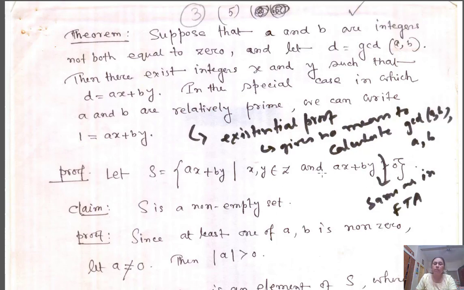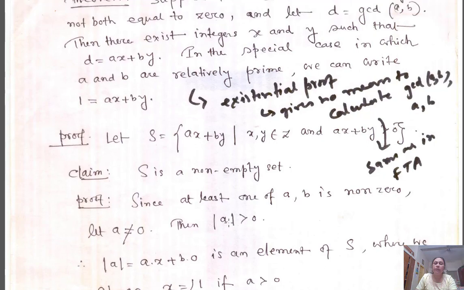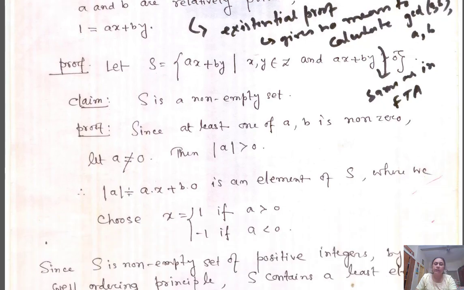This is the collection of all such integers ax plus by. This is a subset of positive integers, and you can prove that this is non-empty. Means if you consider simply mod A, mod A can be written as A times x plus b times 0.